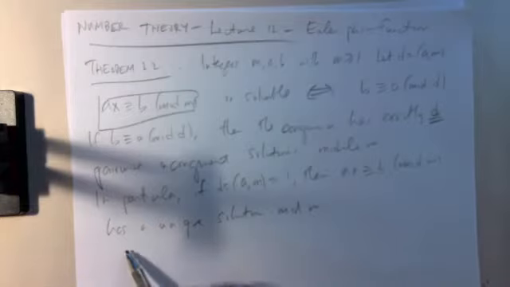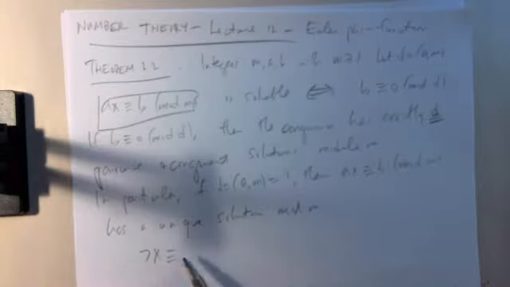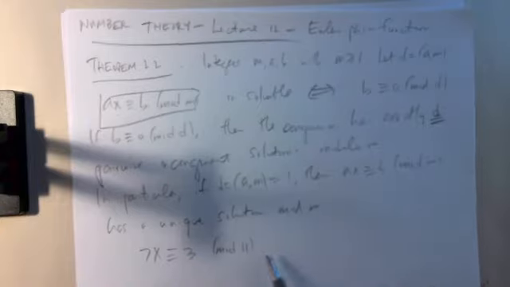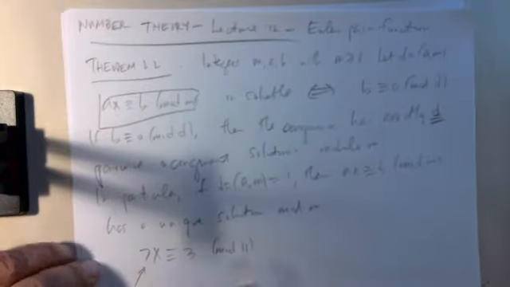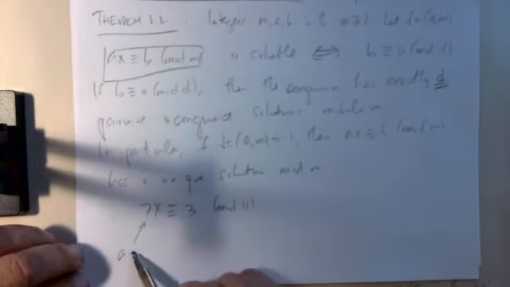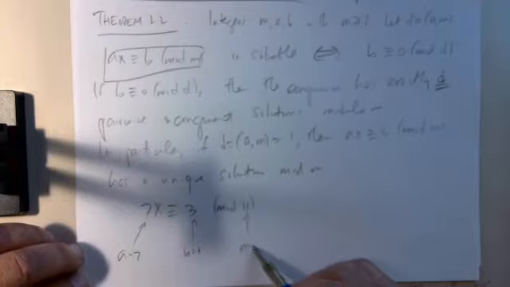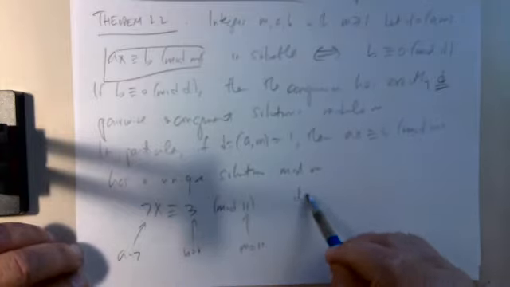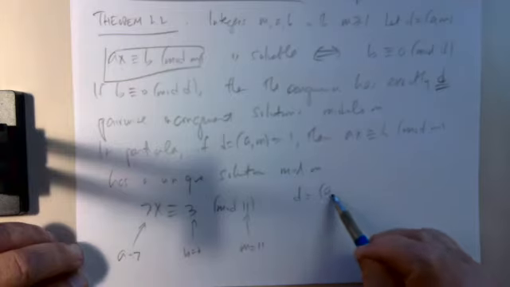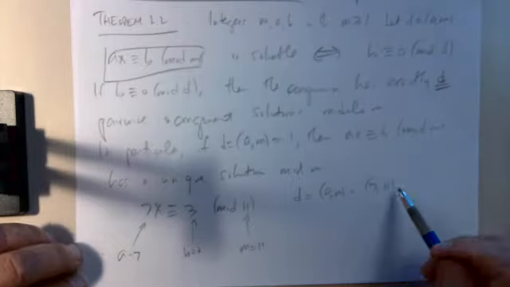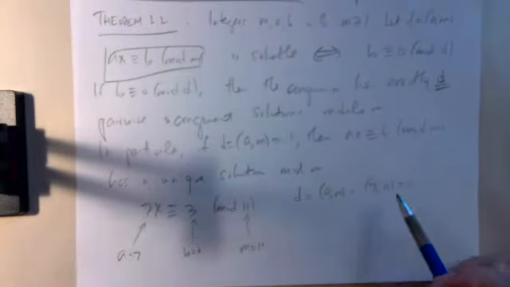So for example, suppose we want to solve the congruence 7x congruent to 3 mod 11. In this case, a is equal to 7, b is equal to 3, m is equal to 11, and d, the greatest common divisor of 7 and 11, is 1.